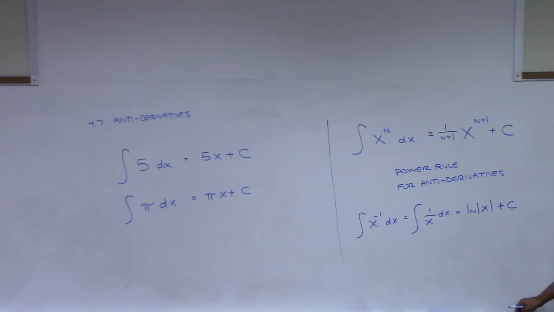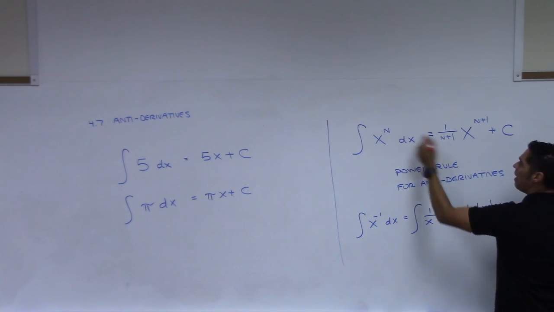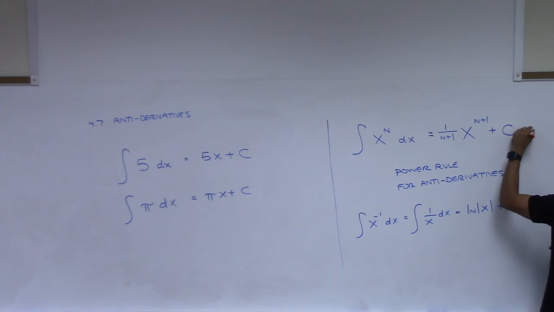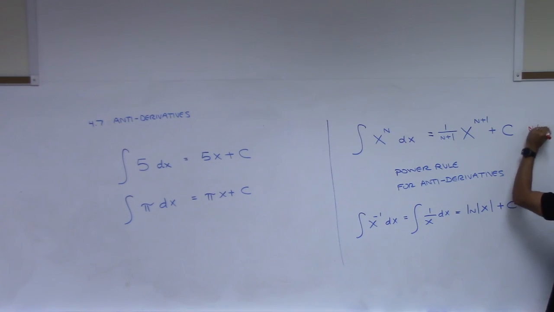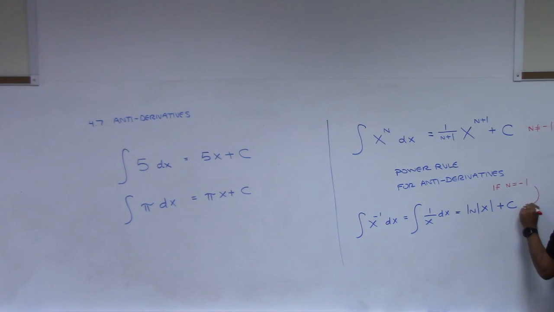So what we say here for the power rule is this. This is the formula to find the antiderivative of x to any power so long as n here is not negative 1. If n is negative 1, then it's just this, natural log.